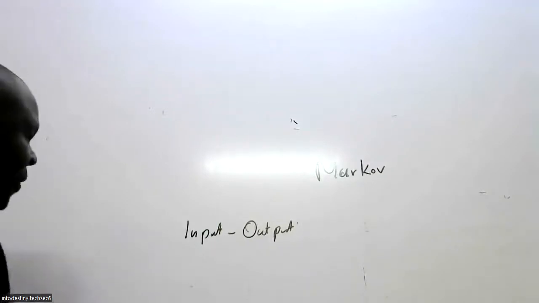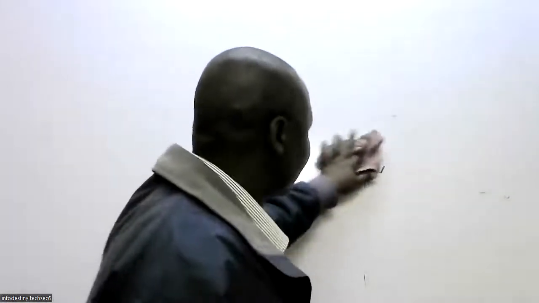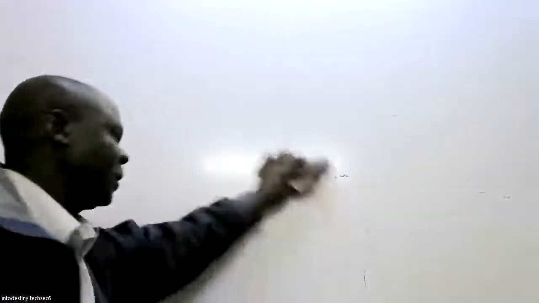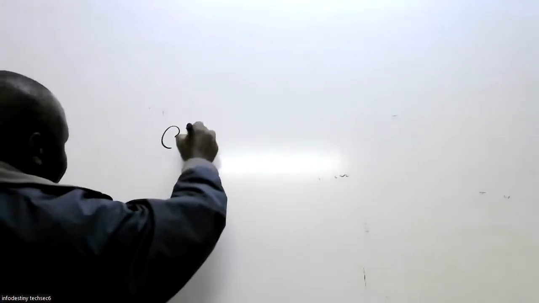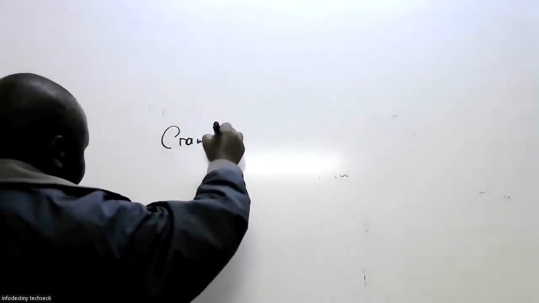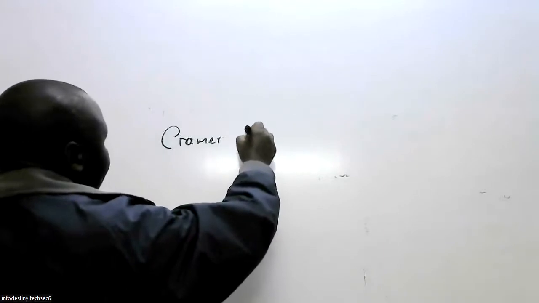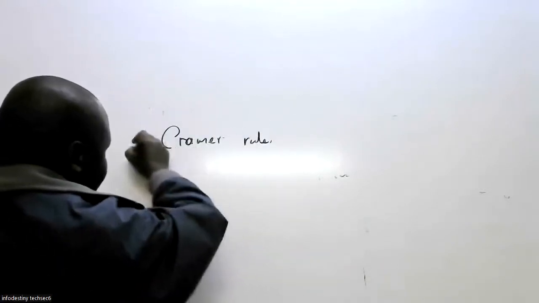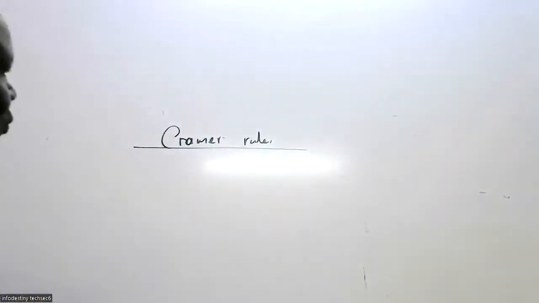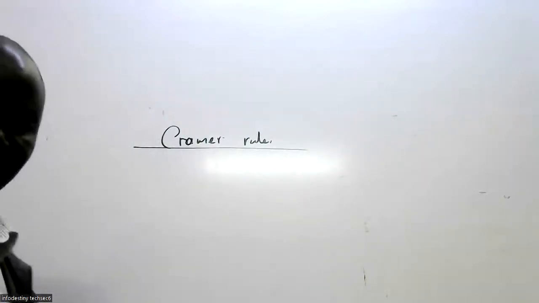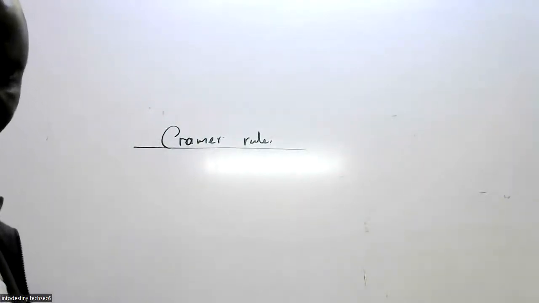Now, before we solve any simultaneous equation using the matrix method, we are going to use the Cramer's rule method to solve simultaneous equations. When you're trying to solve any equation using Cramer's rule, I just want to give an example for a matrix and then you solve it.